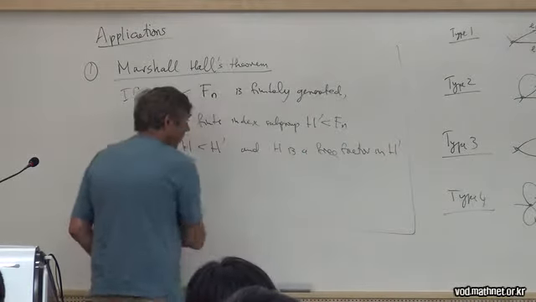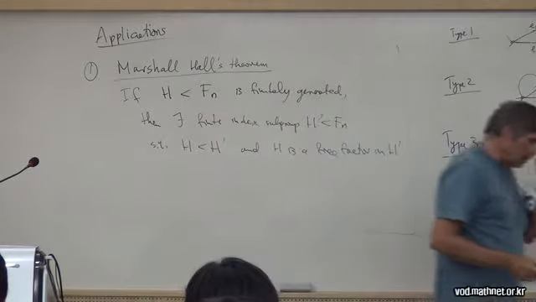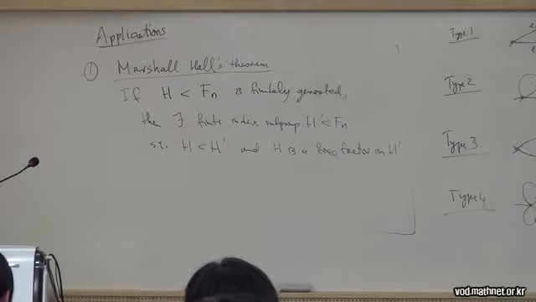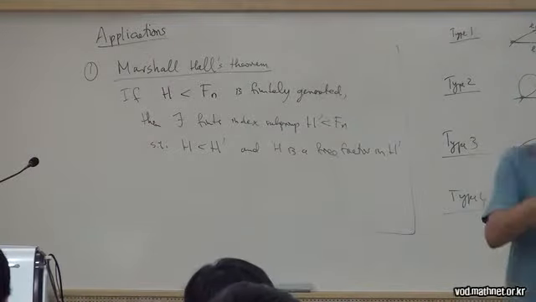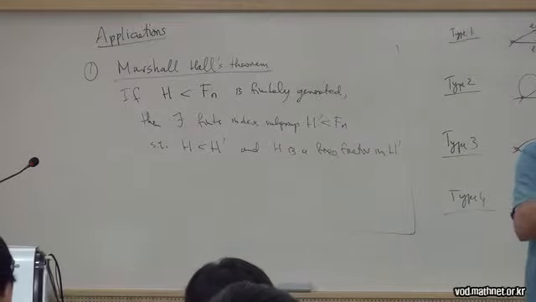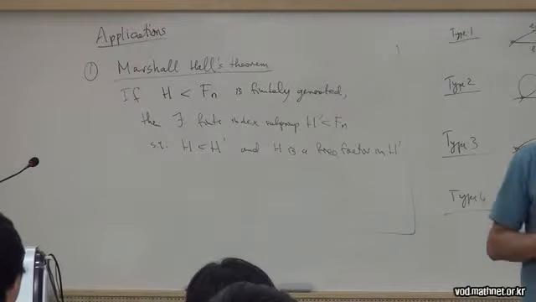Okay? This is now a question of what are the finitely generated subgroups of a free group. And everybody can think of two kinds, right? There are free factors. What's a free factor? We have a basis, and you just take some subset of the basis and look at the subgroup generated by that subset.